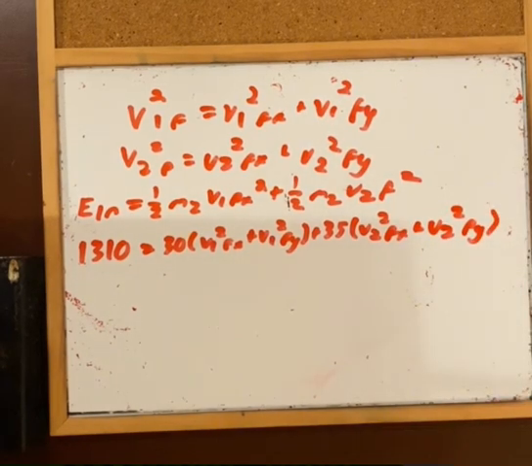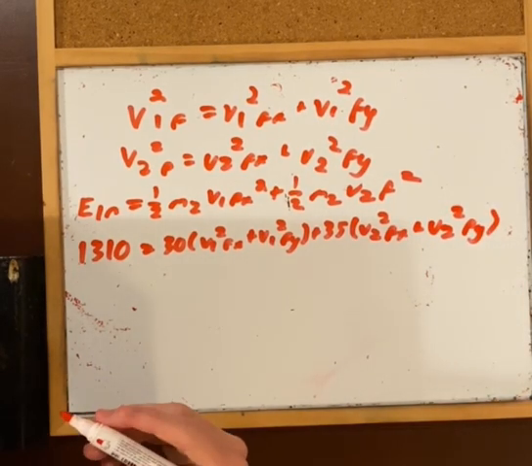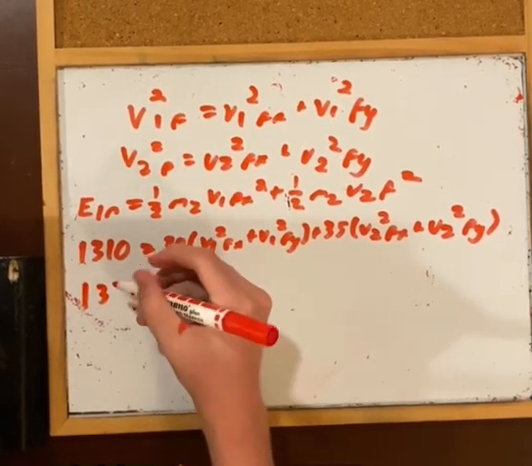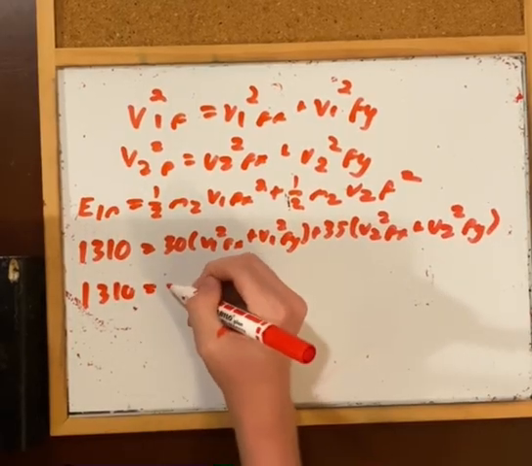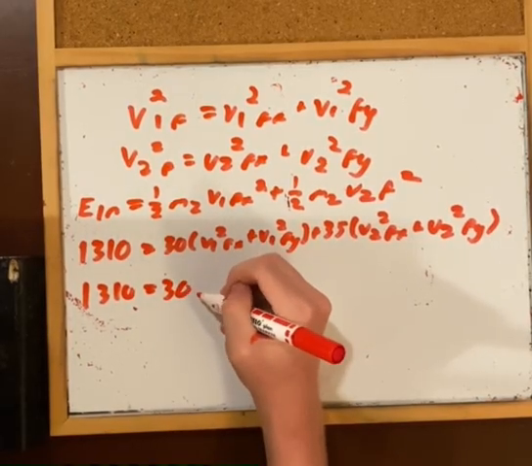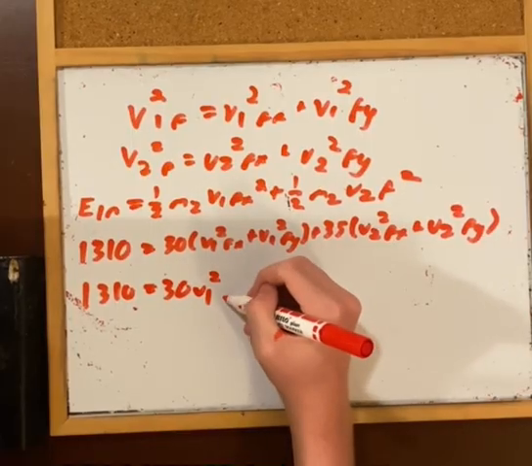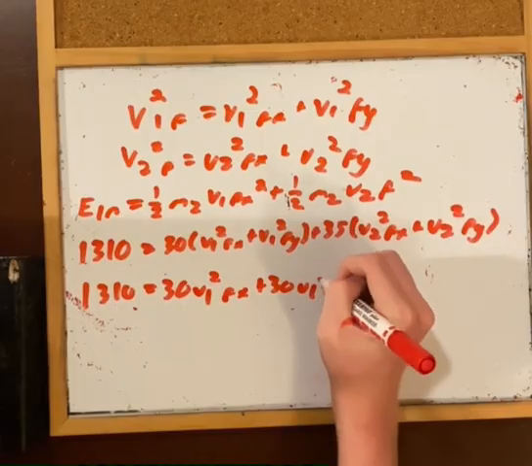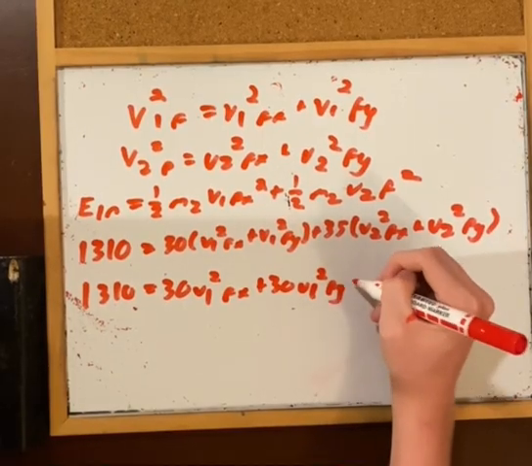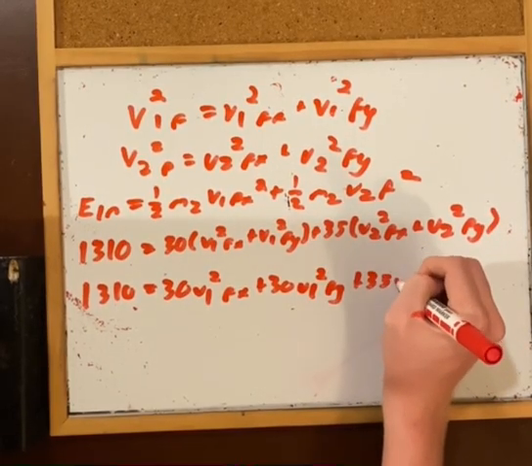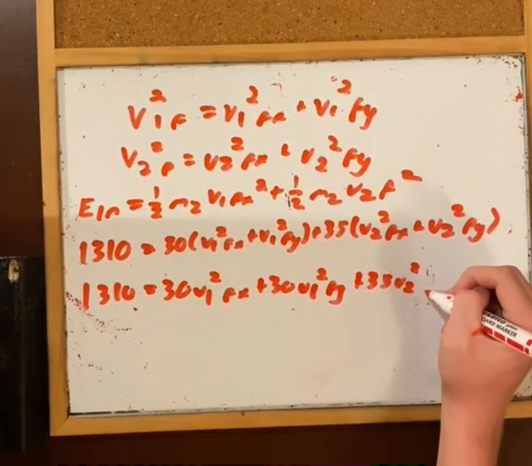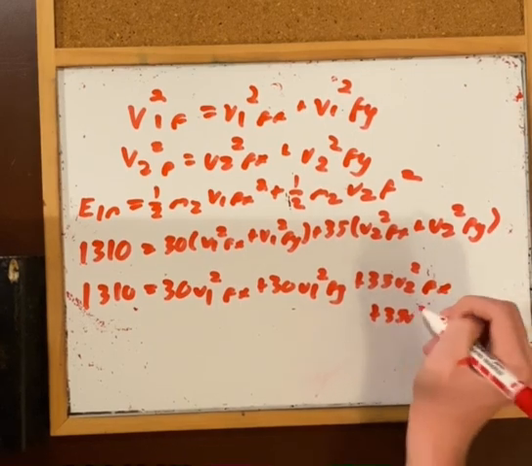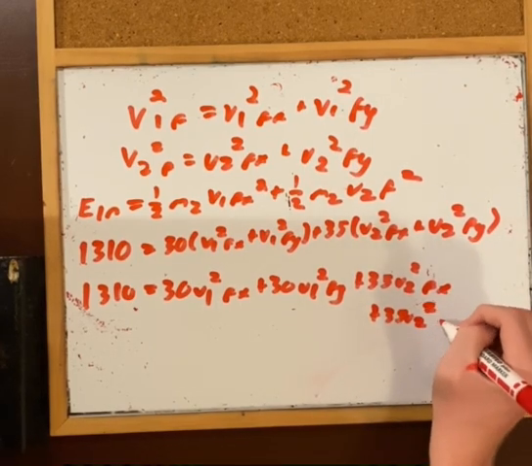And now, after we substituted, we can distribute. So now we get 1,310 equals 30 v1f of x squared plus 30 v1f of y squared plus 35 v2f of x squared plus 35 v2f of y squared.